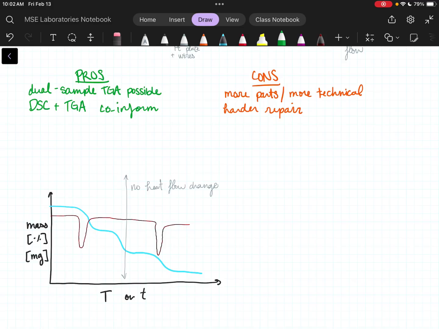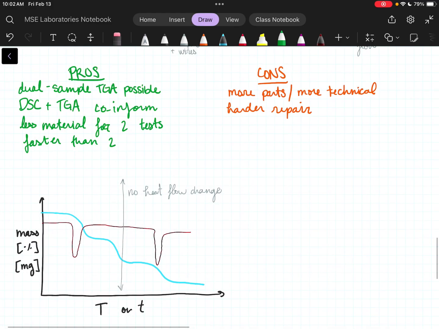Either of these graphs by themselves are fine, but when we look at them together, we can get a lot more information. So going back to, if I was just looking at the DSC, I'd be like, oh yeah, I have two, say, endotherms. I wouldn't have any idea that something had happened in this range from this line of data.